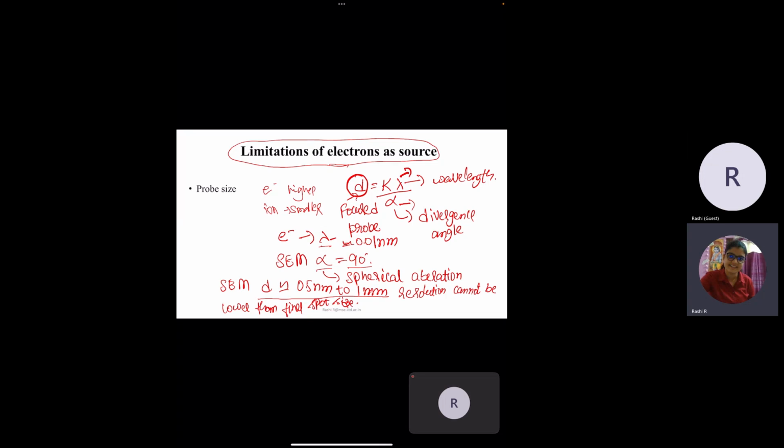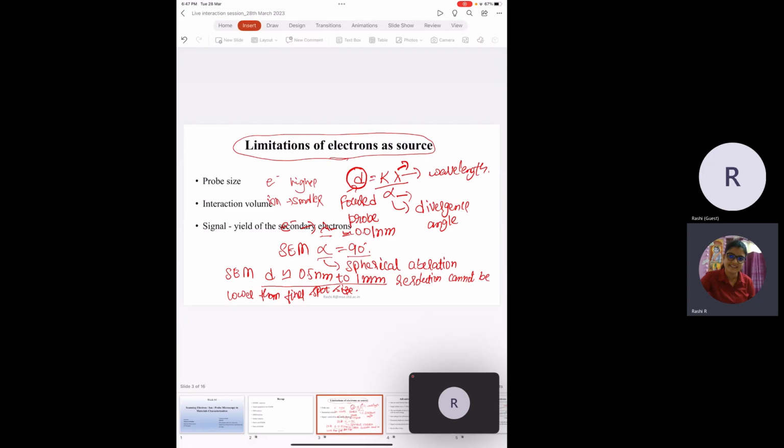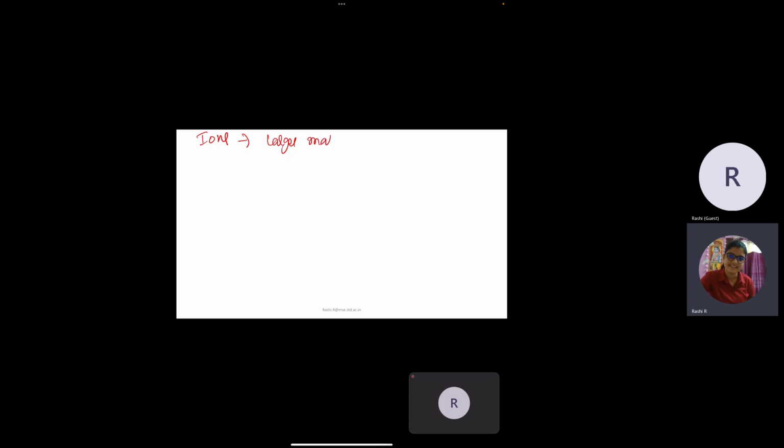But in the case of ions, what happens? Ions have larger mass than electrons. Because ions have larger mass, lambda will be much smaller.